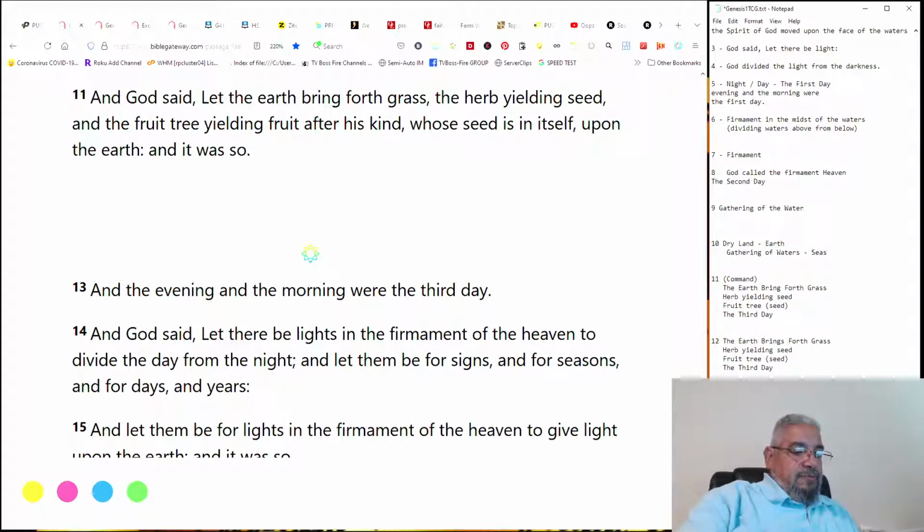I'm going to put the earth again. Herb yielding seed, and the earth brings forth fruit tree. So brings forth, the earth brings forth, as opposed to the command. These would be the actions. And then verse 13 is the third day.